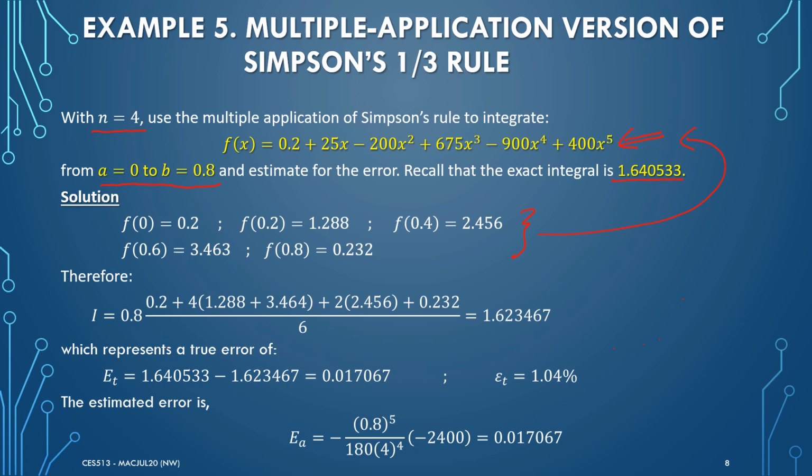So for example, for point 0, f(0) equal to 0.2, and for point number 1, f(0.2) equal to 1.288, and point number 2, f(0.4) equal to 2.456, and point number 3 and point number 4.